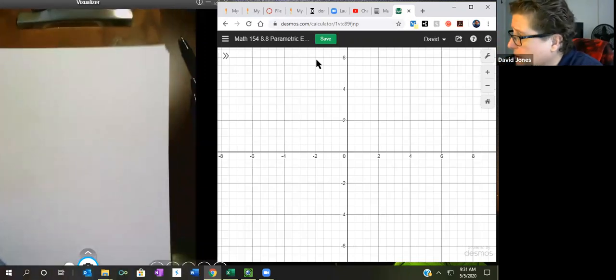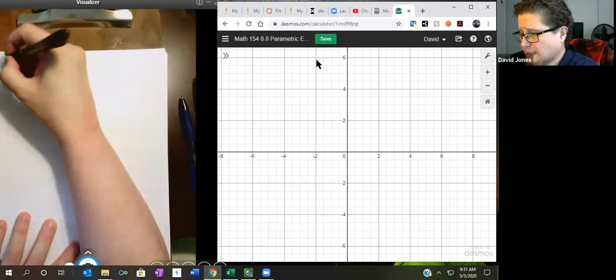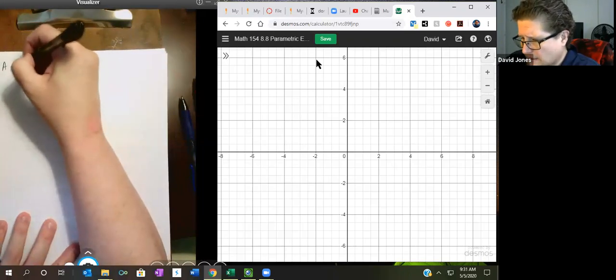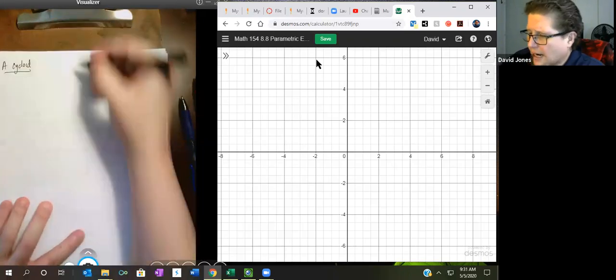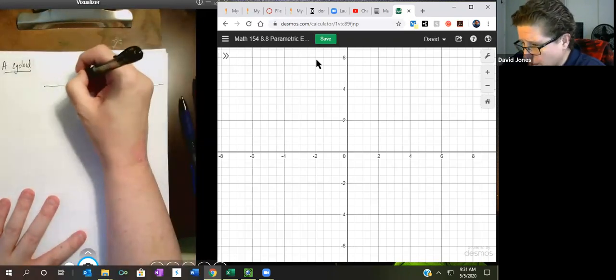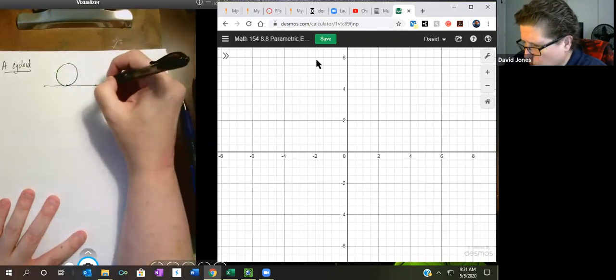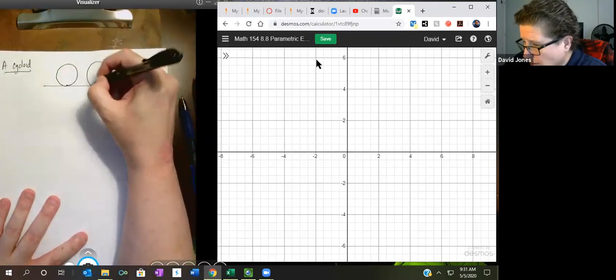So let's take a look at a cycloid. I think maybe the best picture to show is a wheel, and the wheel's rolling down the road.